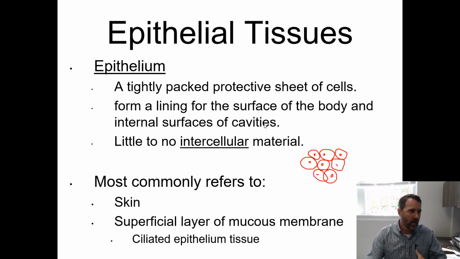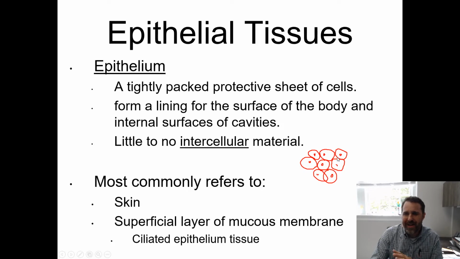If someone offhandedly referred to epithelium, they might be talking about the skin or the linings of the mouth or nasal cavity. Also, the inside of your ears is a ciliated epithelial tissue, meaning it's got little cells that are constantly waving like this to try to get rid of earwax.